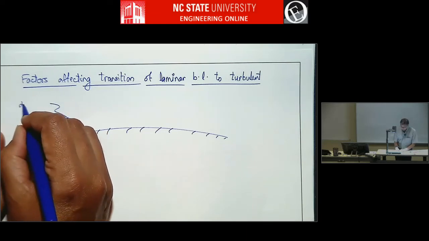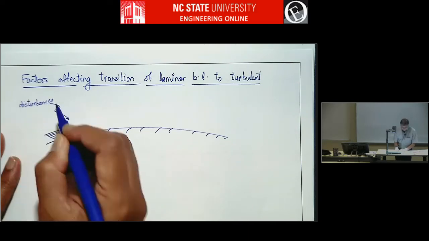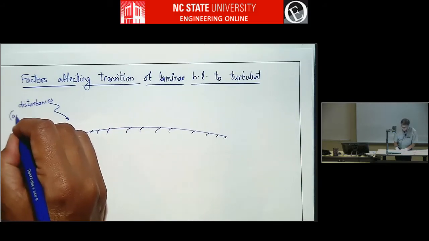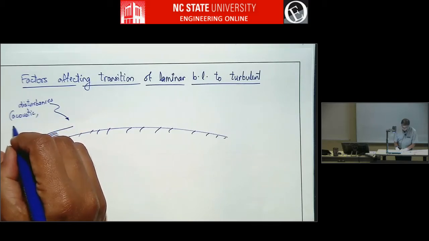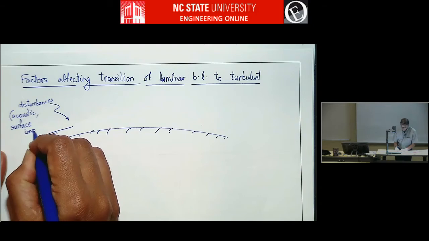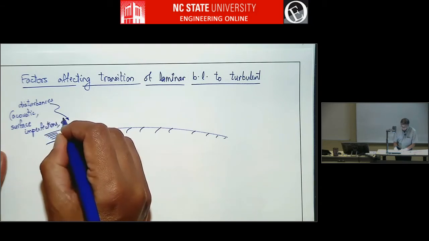It could be, for example, acoustic disturbances, or it could be some sort of roughness, surface imperfections, etc. Right?